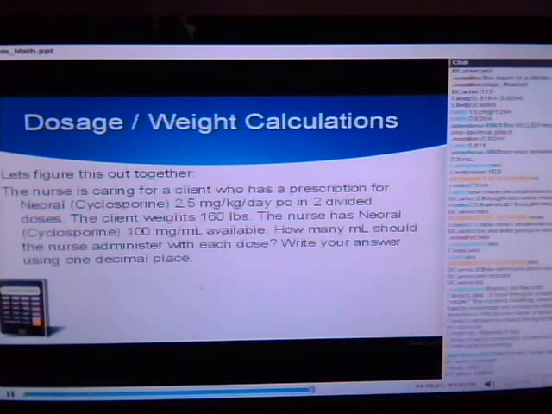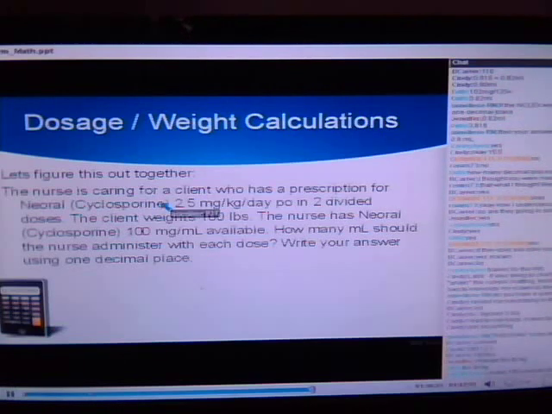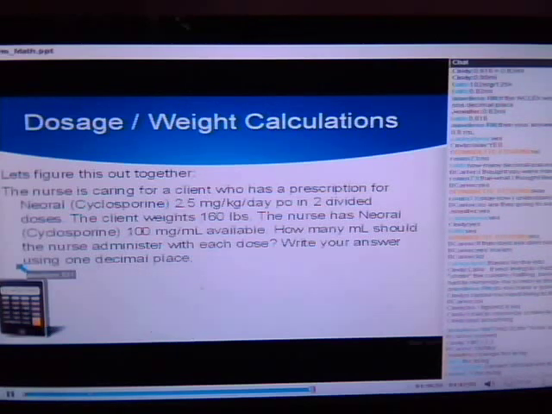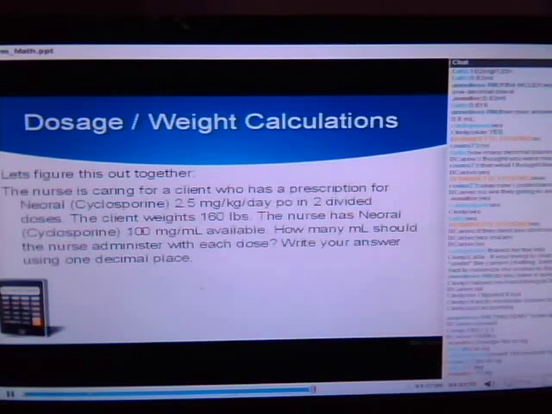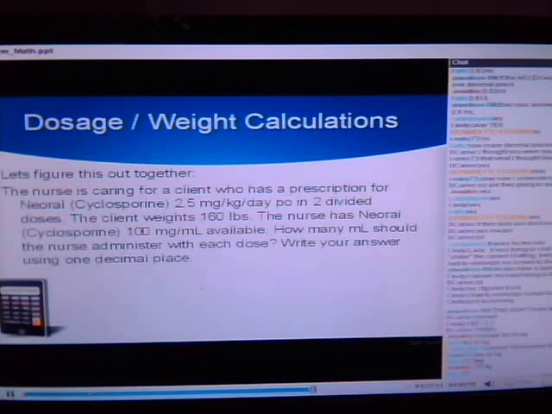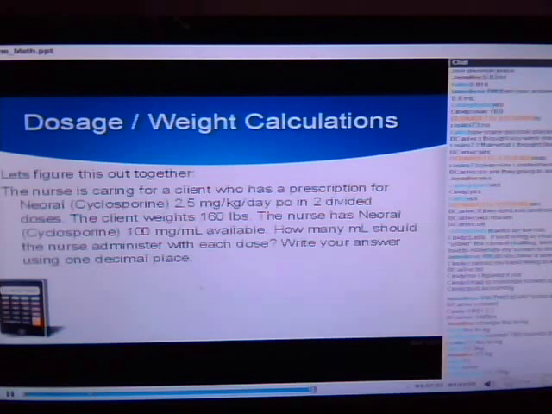All right, now what is the second thing we have to do? We converted the weight. The nurse has 100 milliliters per available. Okay, so we're supposed to give 2.5 milligrams per kilogram. Good, Cindy, that's what I want you to do second. Excellent job. So we have that. What is the answer? 72 times 2.5 is what?